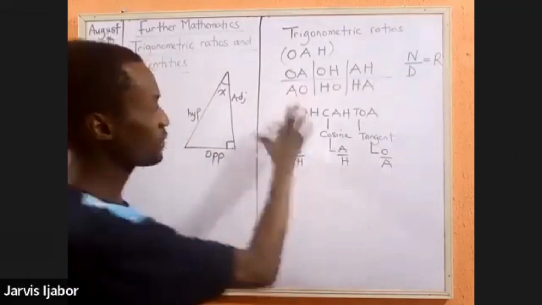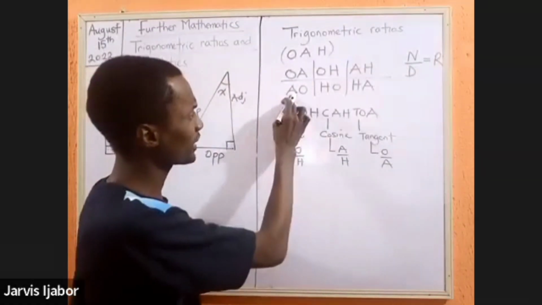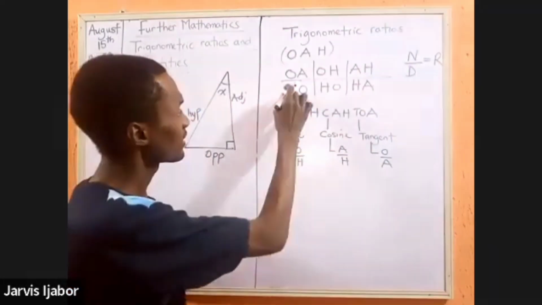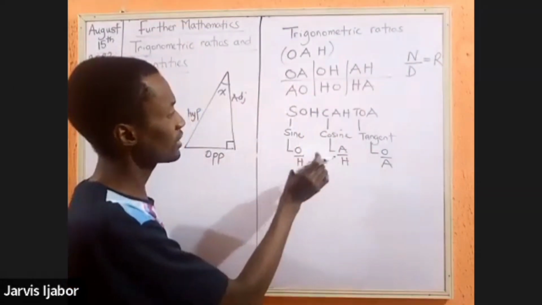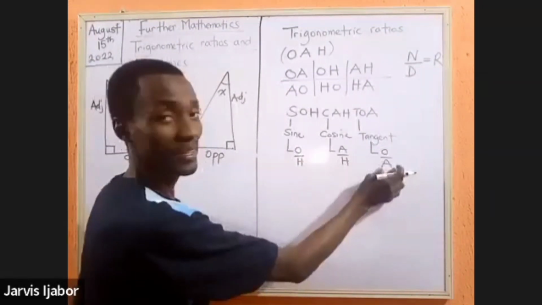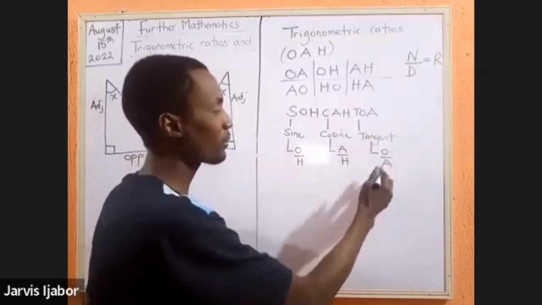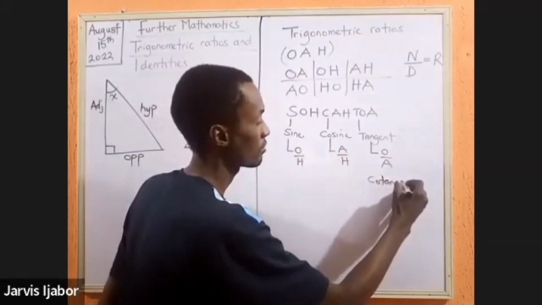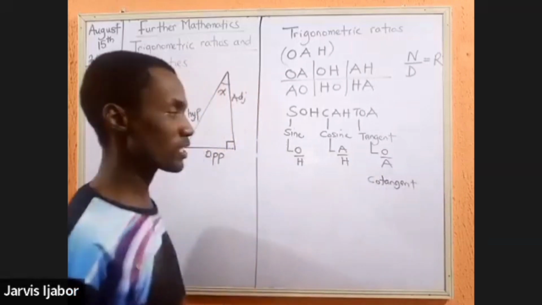All right, so with that settled, these are the basic ones you have, but you discover that I also have another 3. If this is O over A, if I flip it, what I'm going to get is what is called the cotangent. And how do I express the cotangent?